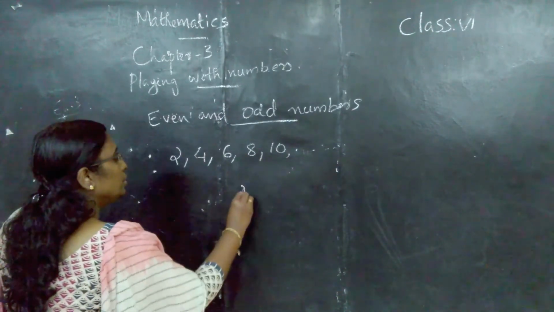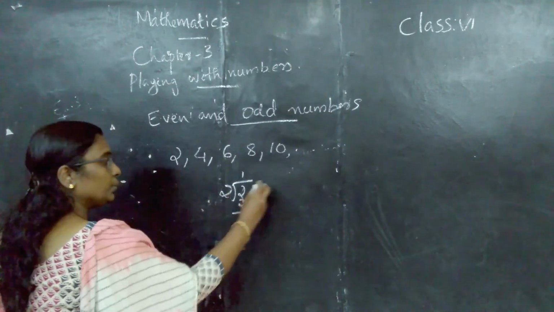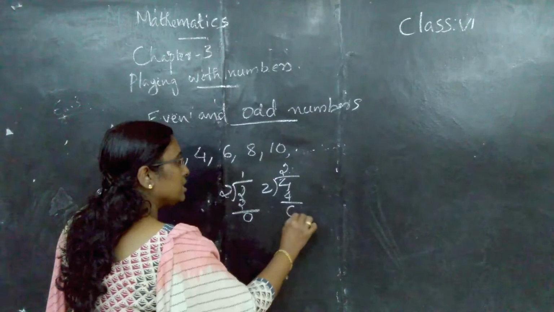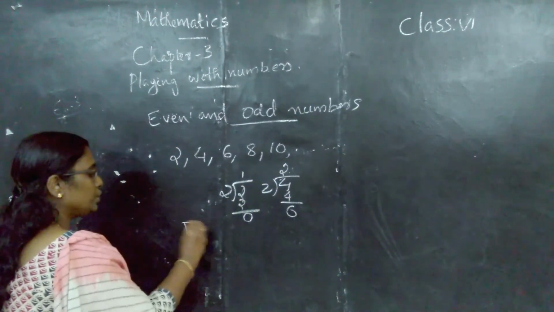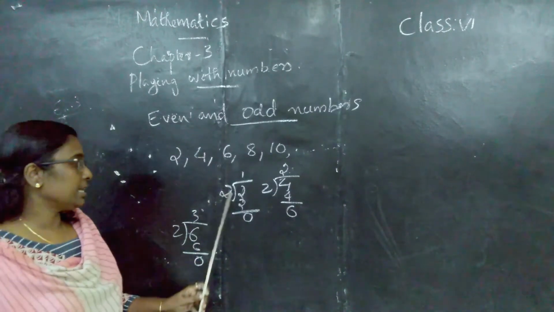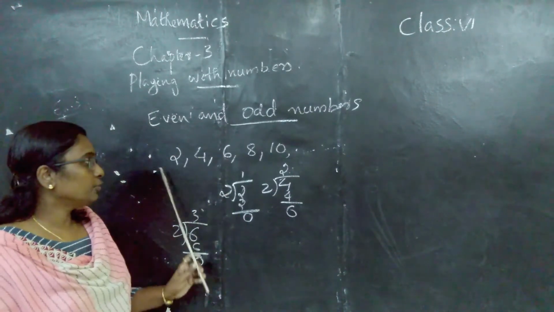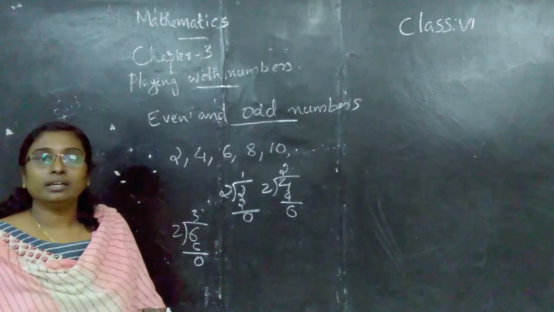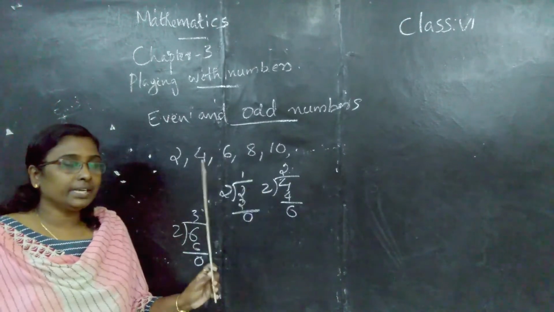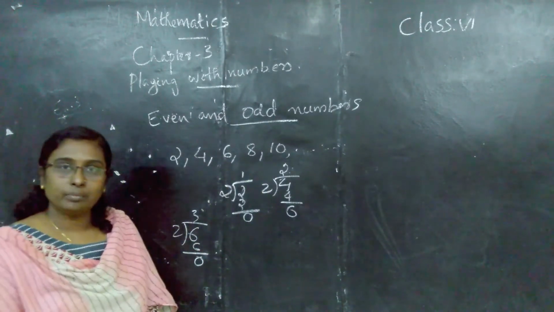That is, 2 divided by 2, the remainder is 0. 4 divided by 2, the remainder is 0. 6 divided by 2, the remainder is 0. That is, these numbers are exact multiples of 2. Therefore, these numbers are called even numbers. The numbers which are not exactly divisible by 2 are called odd numbers.